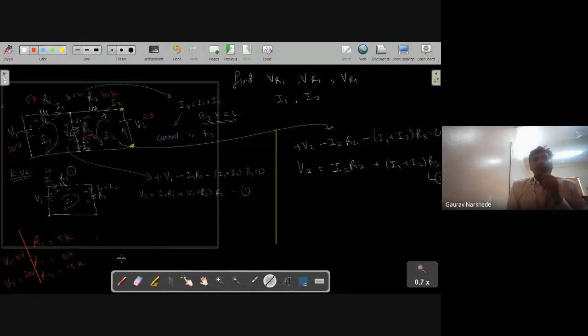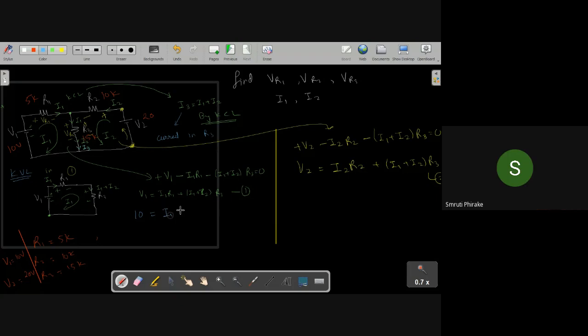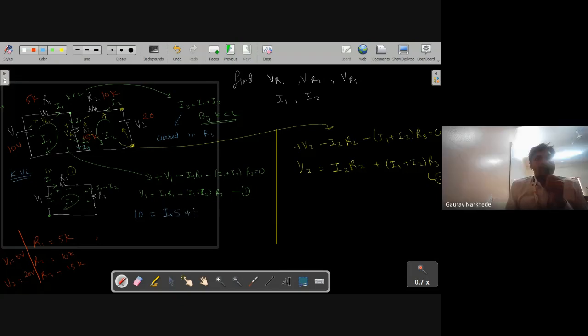So now can we find the equations by substituting these values? V1, 10 volts, is equal to I1 times R1, 5 kilo, plus (I1 plus I2) multiplied by R3.